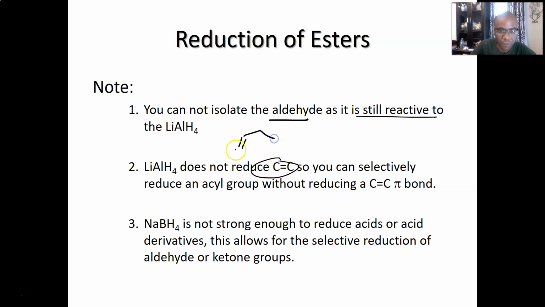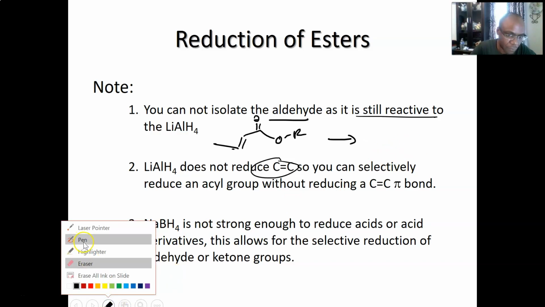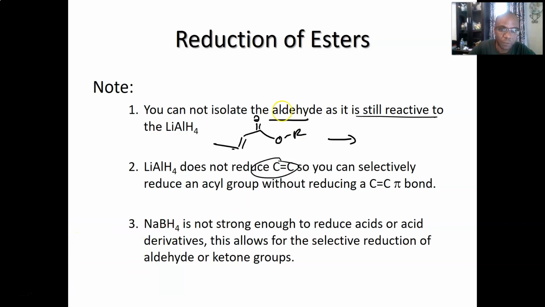Lithium aluminum hydride is selective for carbonyls, does not react with double bonds. So for example, if you have, let's say you have this ester, the double bond will survive. I have to redraw it so you can see it. The double bond will survive. The C=C double bond will survive, but the double bond on the carbonyl will go.